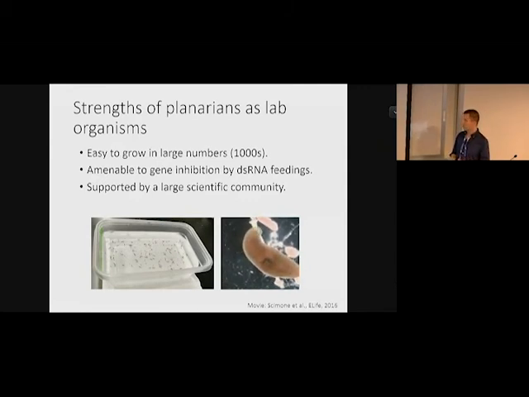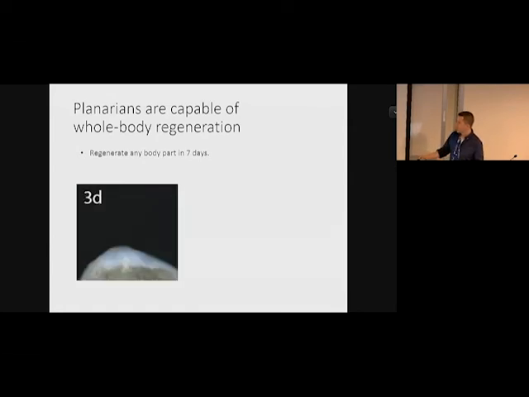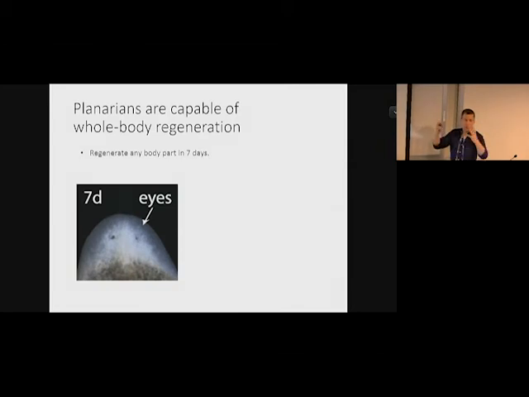So what does this process of regeneration look like? This is a photo of a planarian, and you'll see a red line where I amputated its head and then had a time lapse of the head growing back. So this is the cut, and within 7 days, the entire head sprouts in a process that is generally referred to as epimorphosis, the growth of the tissue from a blastema.